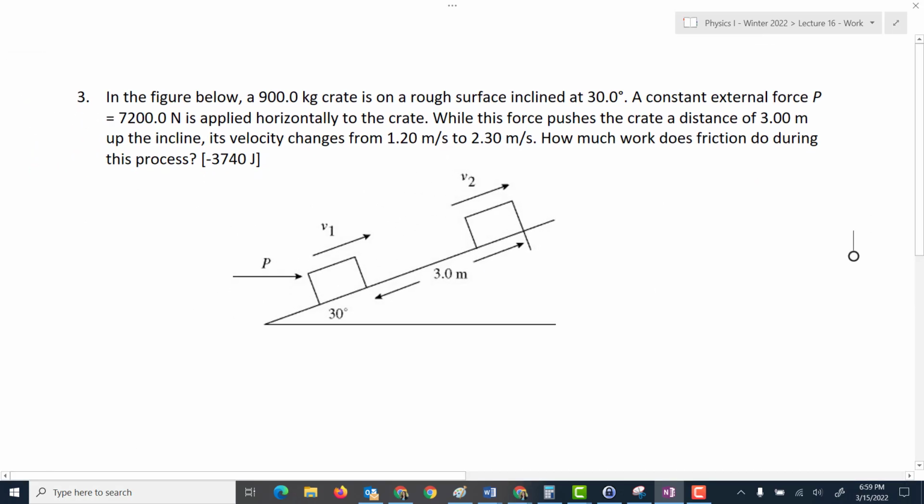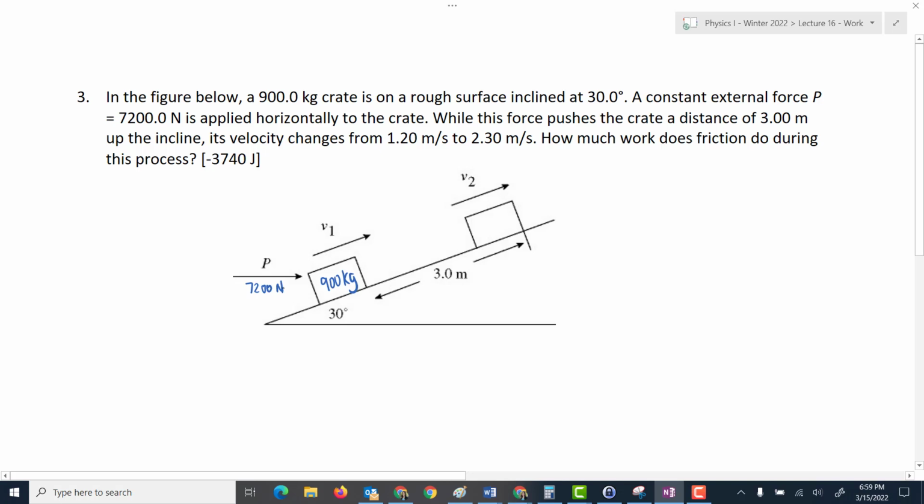Question 3. In the figure below, we have a 900 kilogram crate on a rough surface inclined at 30 degrees. So I'll just write in here, this is 900 kilograms. A constant external force, which they call P, and it equals 7,200 newtons, is applied horizontally to the crate.